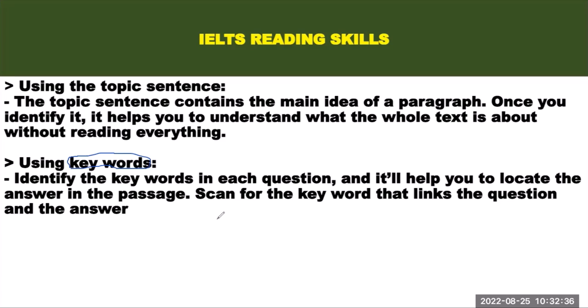But at this juncture, I want to draw your attention to the role that keywords play, not only in answering comprehension passages or as a reading skill, but also in understanding how the internet, or the digital space in today's digital world, operates.